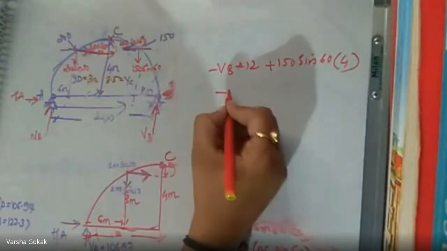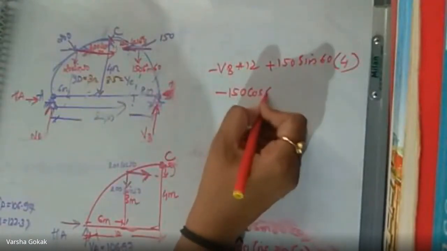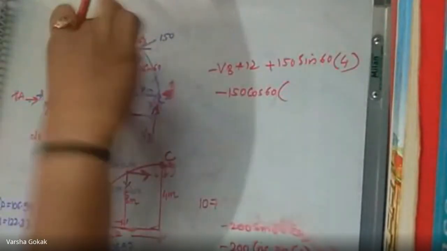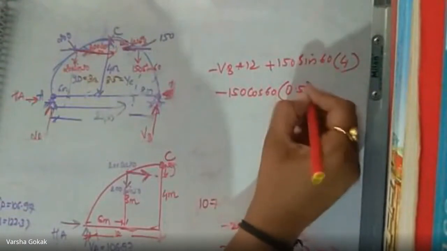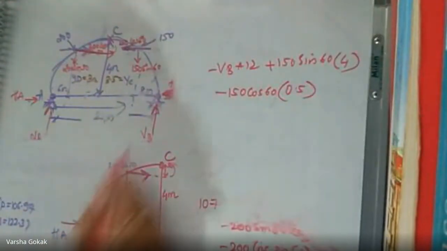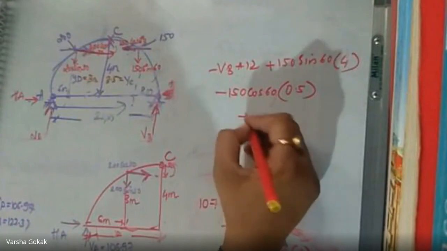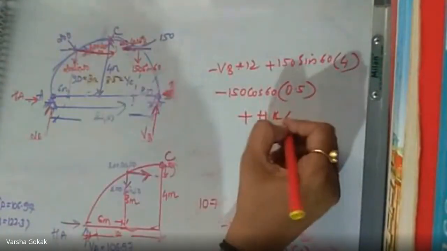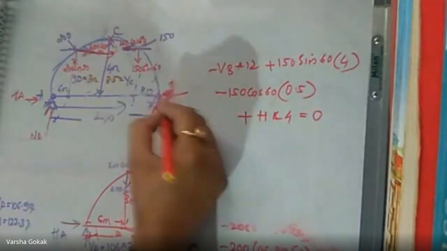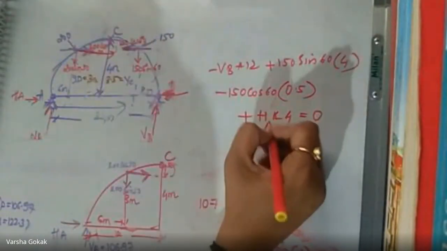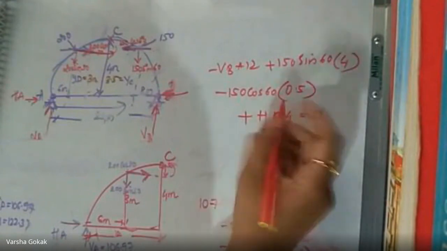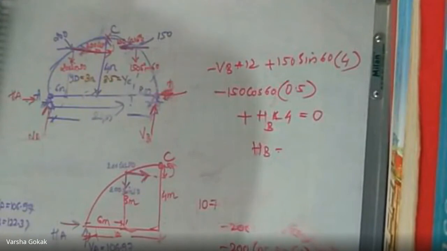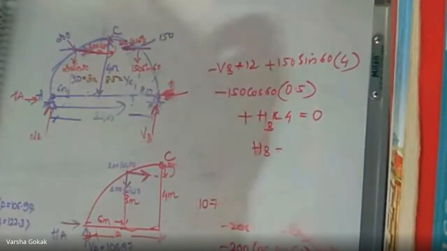Then minus 150 cos of 60 into 4 minus 3.5, that is 0.5. Okay, and plus H into total height, that is 4, equal to 0. This H goes like this, no? HB. So what is the value of HB here? HB into 4, this is.